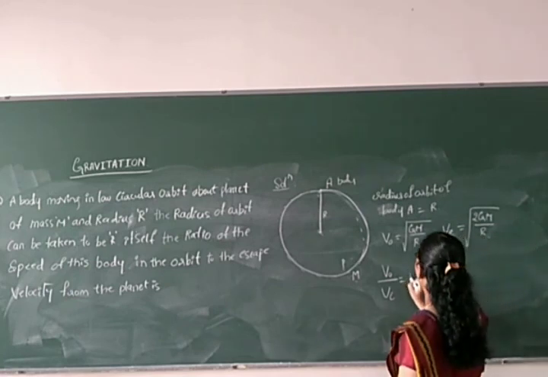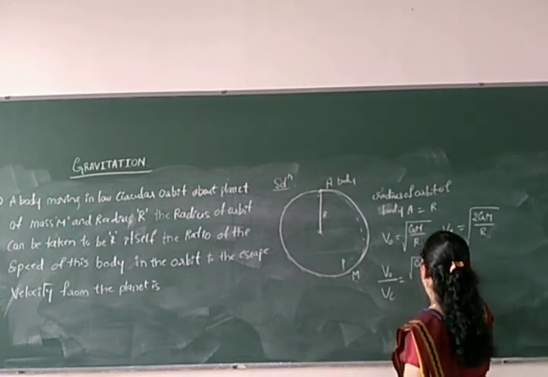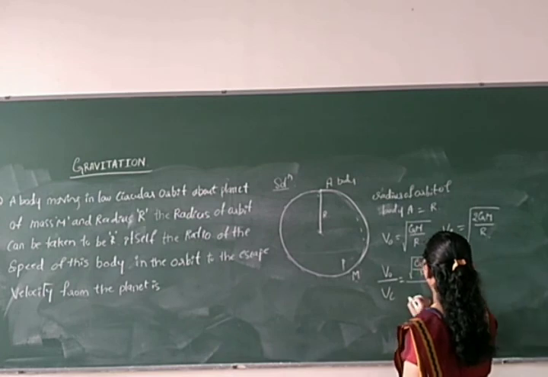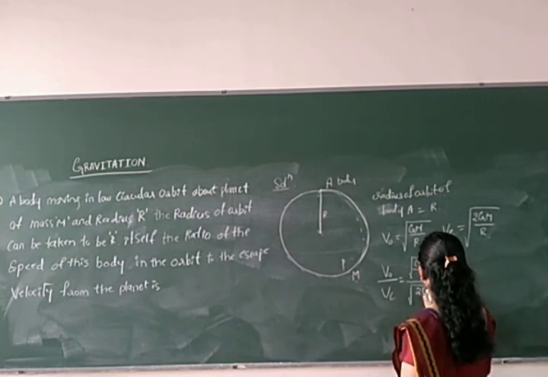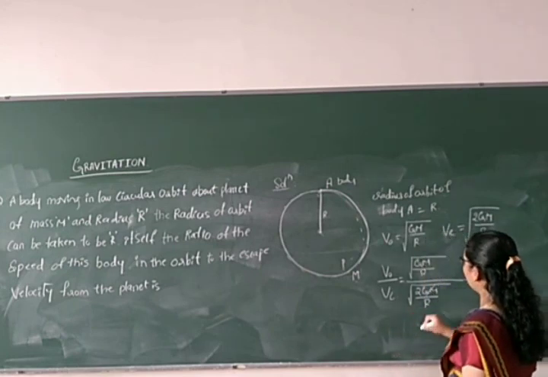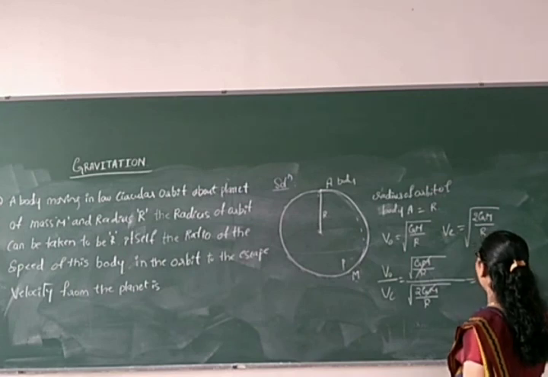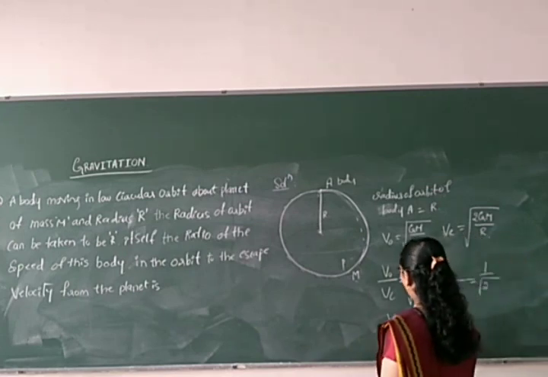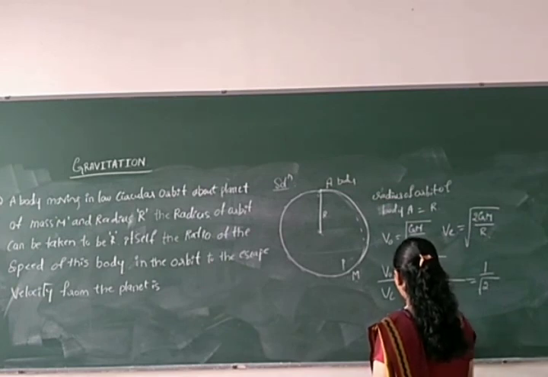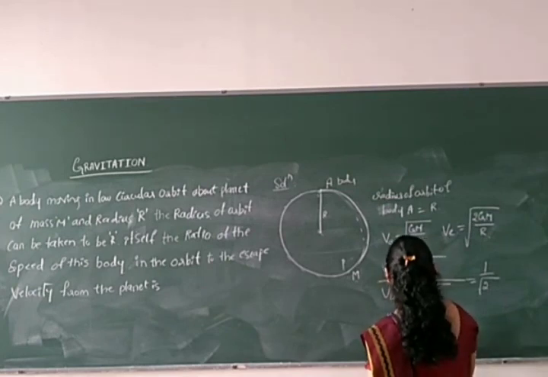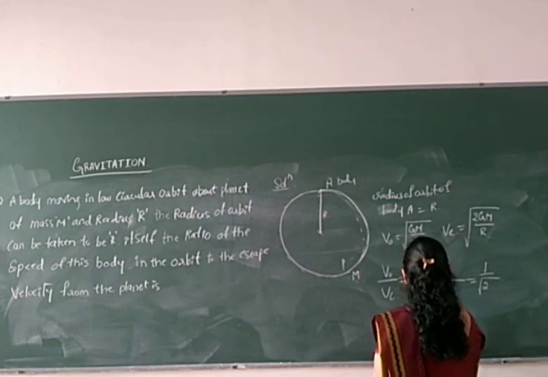Now what do we get? Root of GM by r divided by root of 2GM by r. Root of GM by r is cancelled here, and we are left with root 2. The ratio v naught by v e, the orbital velocity to the escape speed, is 1 by root 2.